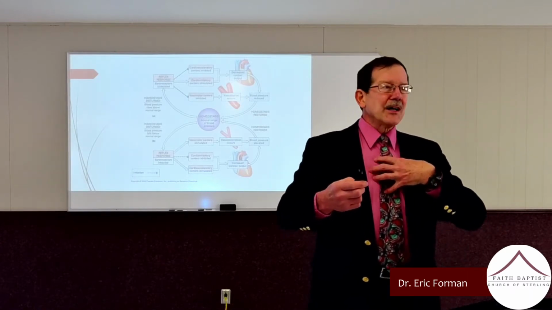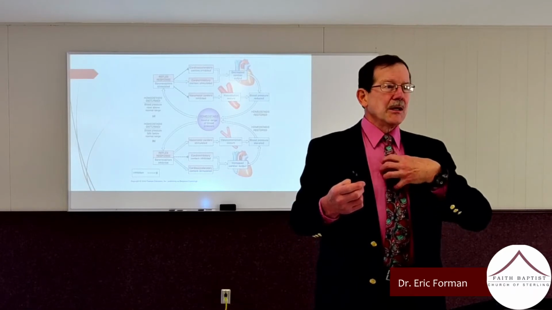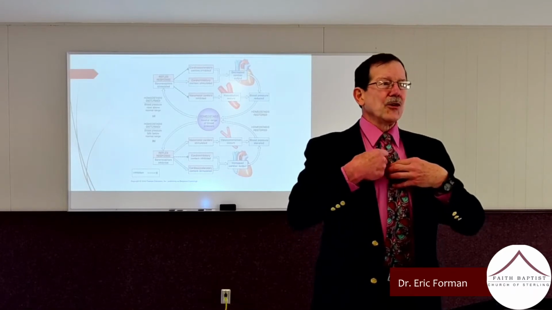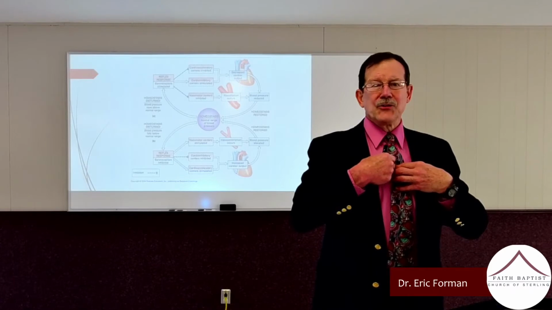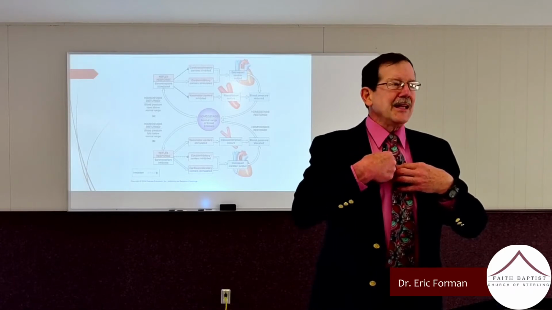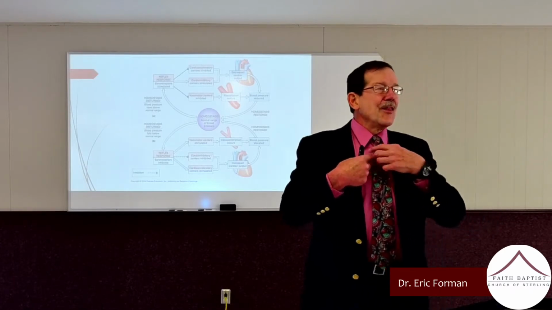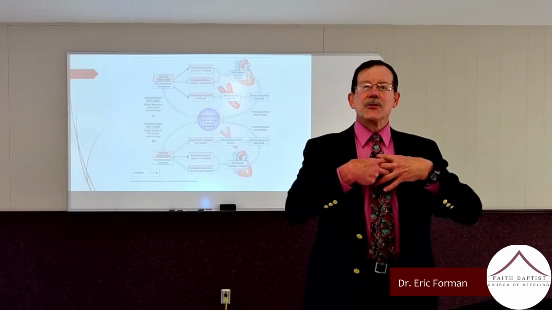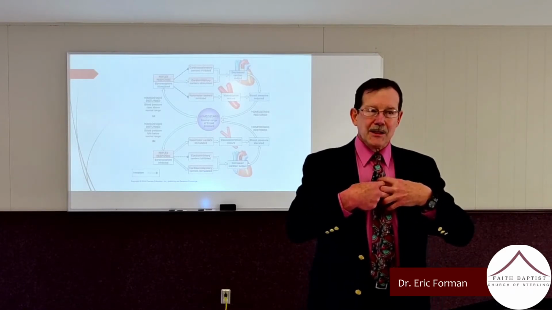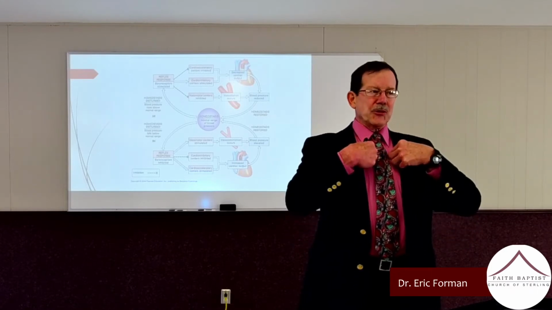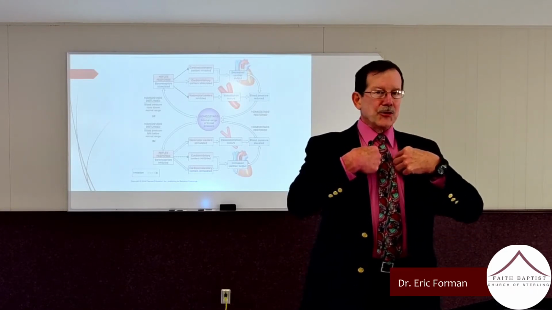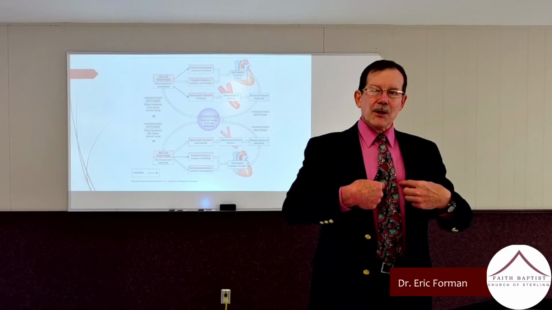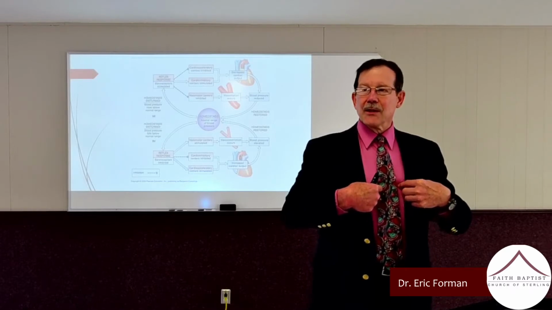Now, is the heart in charge? No, it's got this little group of cells up here called the SA node, the sinoatrial node, that precipitates electrical impulses which causes the heart to contract. So the upper chambers contract together, and then there's a little delay, and the lower chambers contract together.